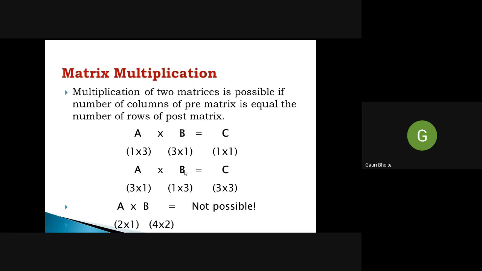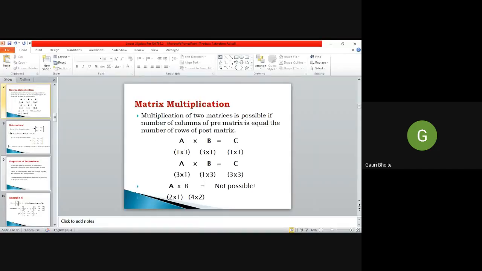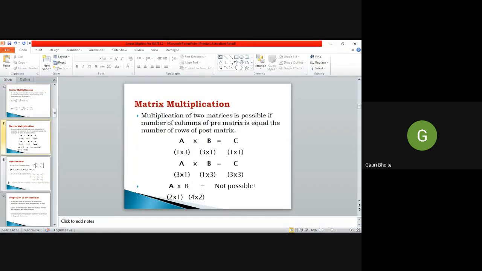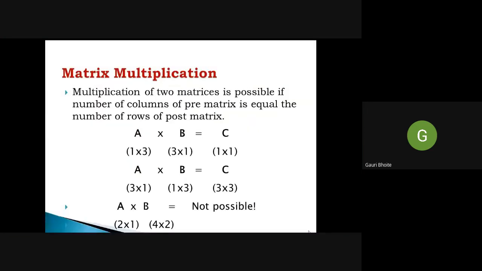Then matrix multiplication. Tell me, when does matrix multiplication happen? Yes, if the number of columns of the pre-matrix is equal to the number of rows of the post-matrix, then only matrix multiplication happens, right?